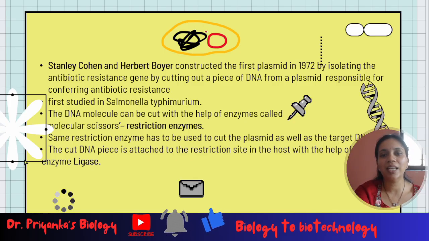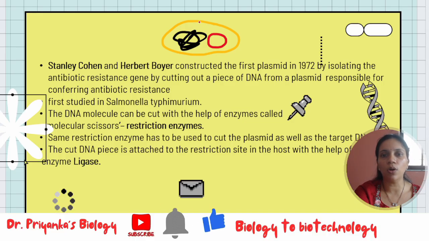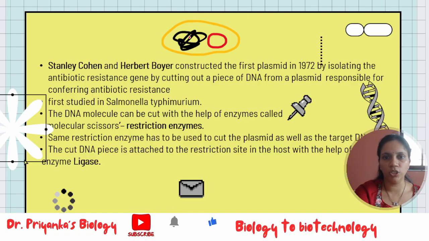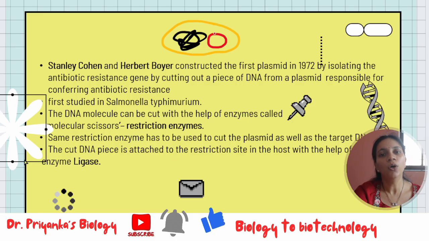So it is called extra chromosomal. It is not a part of the chromosome of your bacterium. It is the extra chromosomal DNA which is capable of self-replication. We know that genetic material undergoes replication, right? Your plasmid will have its own machinery to self-replicate. So this is what is called your plasmid.